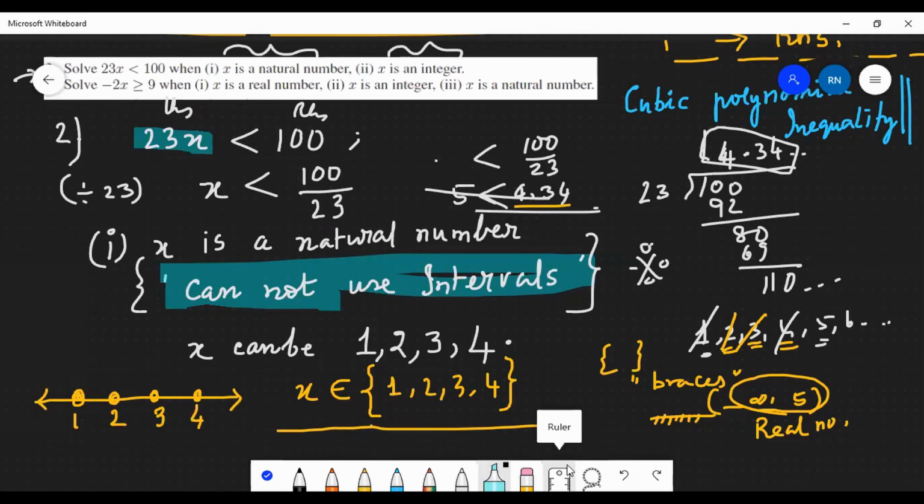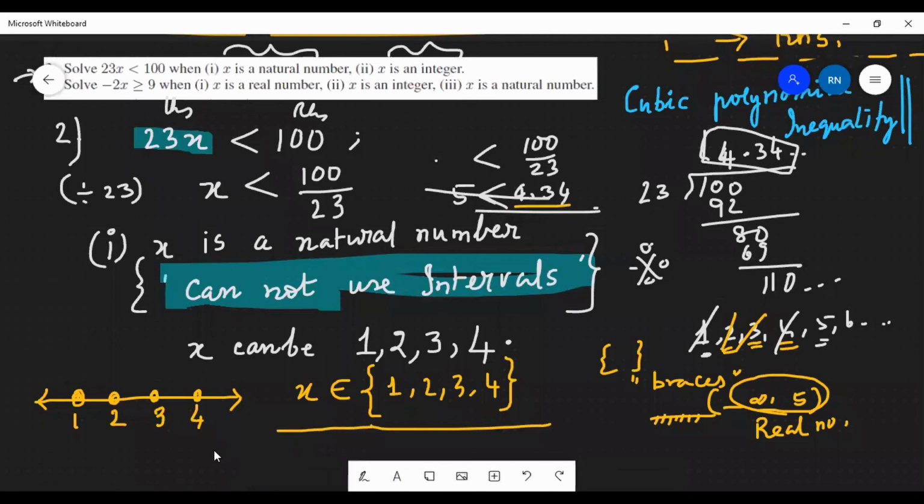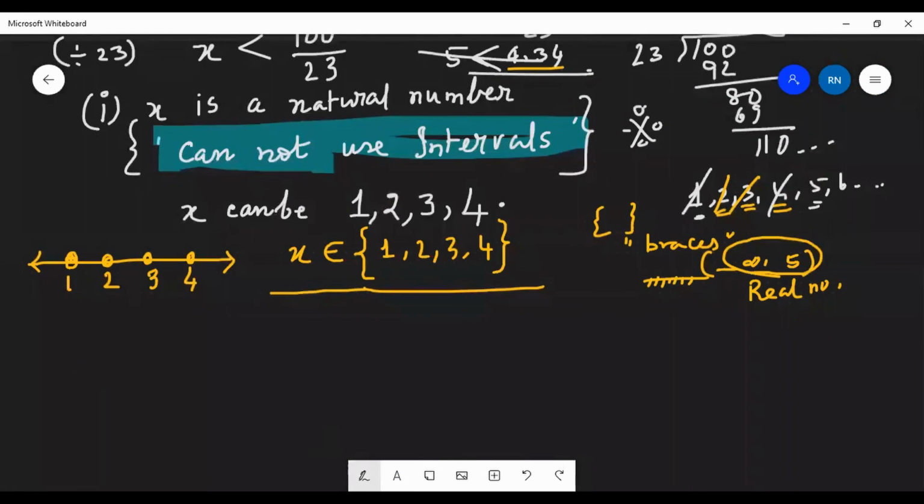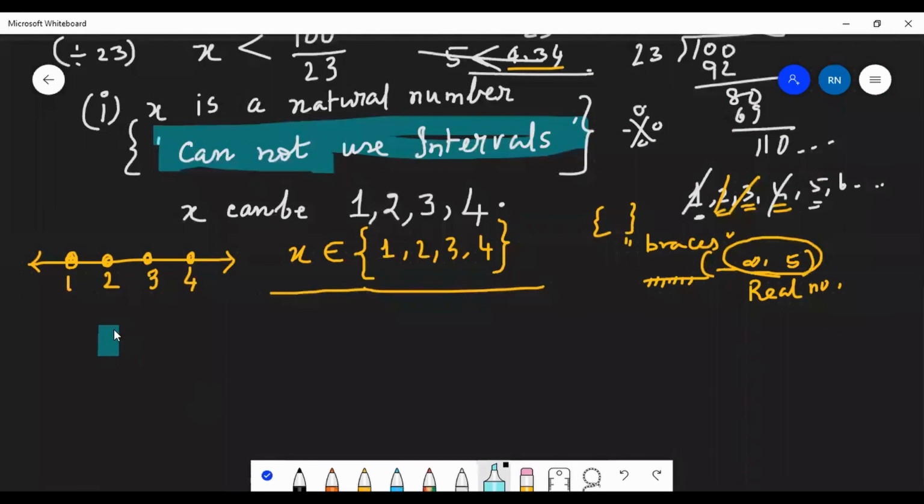Okay, now they have given you the second subdivision. Let us complete that. X is an integer. Under the same circumstances, what do you mean by same circumstances? It is the same inequality, x less than 100 by 23, no change, but x is an integer.